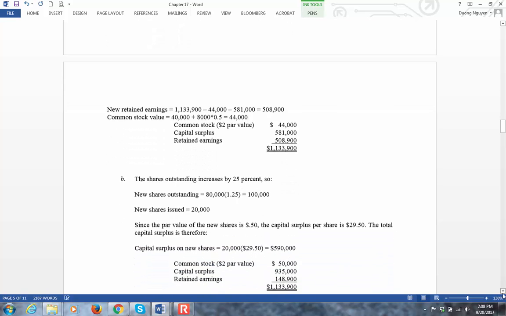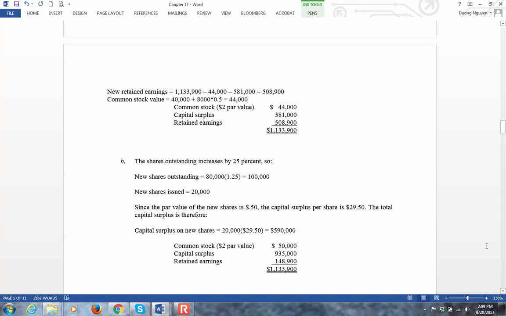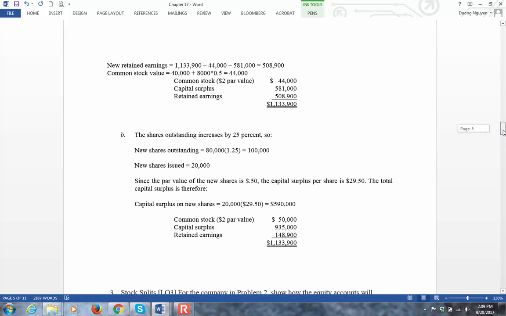Now, if the number of shares increases by 25%, pretty much use the same thing. The new shares will be 100,000, so the company has to issue 20,000 more shares. The par value is 50 cents. Capital surplus is still 29.5, so the capital surplus on the new shares is 20,000 times 29.50, equal to 590,000.